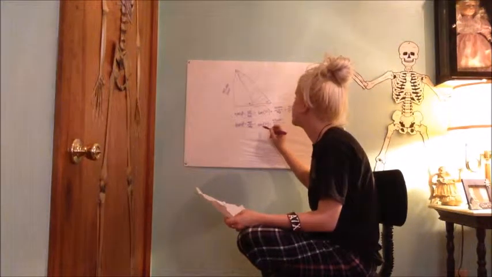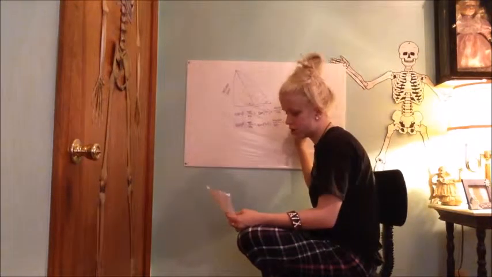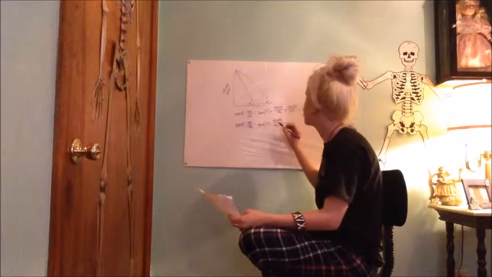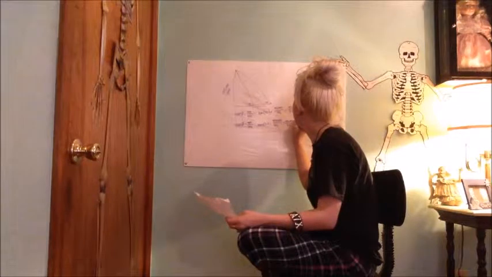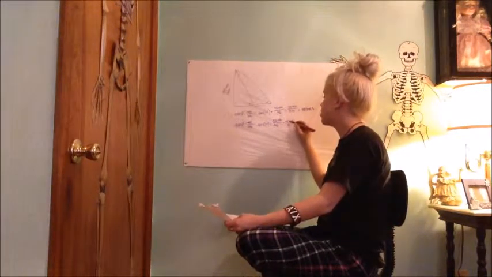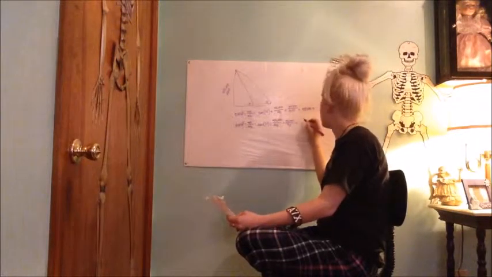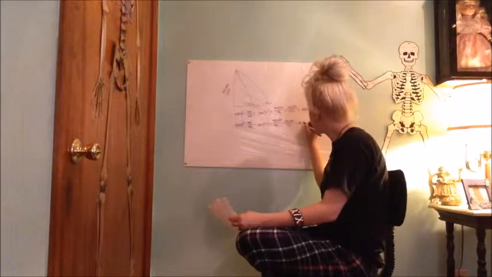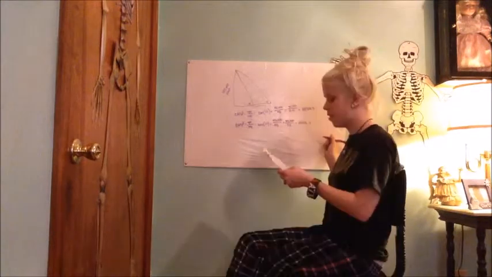So tangent 72 comes out to 3.1. We just move the 45,000 right over on top of it, and we solve. So we divide 45,000 by 3.1, and that comes out to 14,516.1.